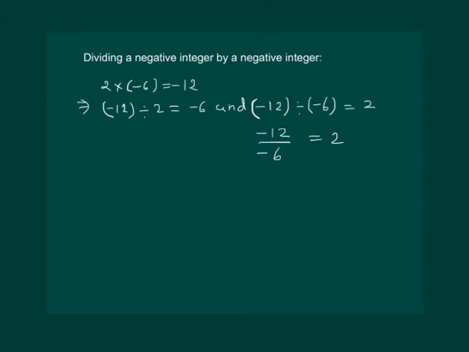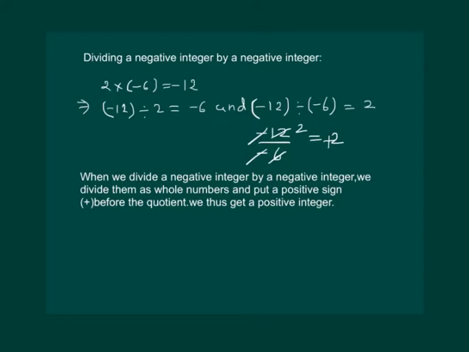That means we are dividing them as whole numbers and cancelling the negative signs. So we are left with the positive sign. So we can say that when we divide a negative integer by a negative integer, we divide them as whole numbers and put a positive sign before the quotient. We thus get a positive integer.